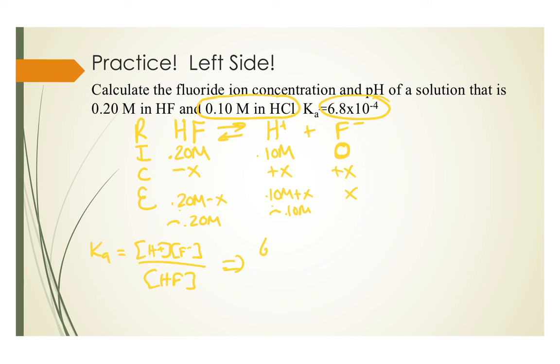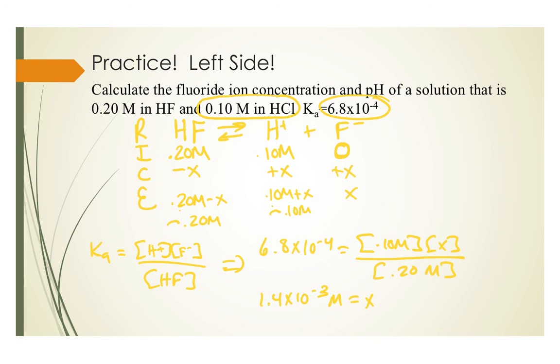Translating that out gives us 6.8 times 10 to the negative fourth equals 0.10 molar times x all over 0.20 molar. If that's the case, then we can solve that for x, and we will see that x equals 1.4 times 10 to the negative third molar.